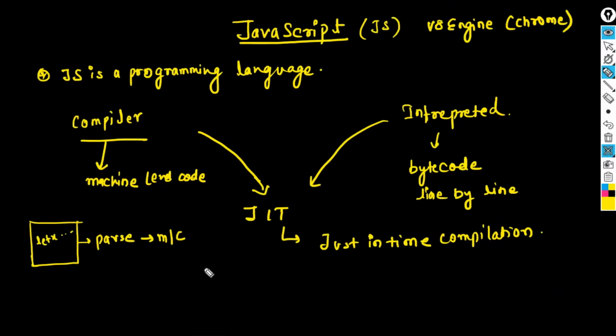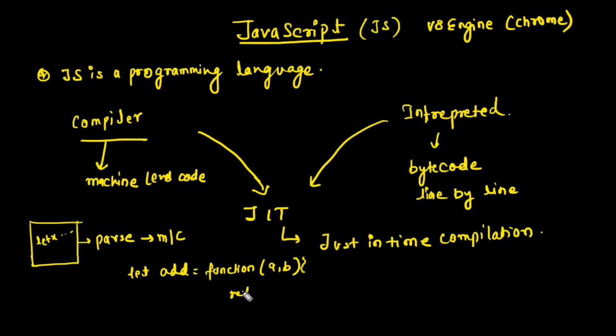See, suppose, let's take one function. Let add is equal to a function, and it is taking a and b. Don't worry about what I have written, I'll teach you. It returns a plus b.